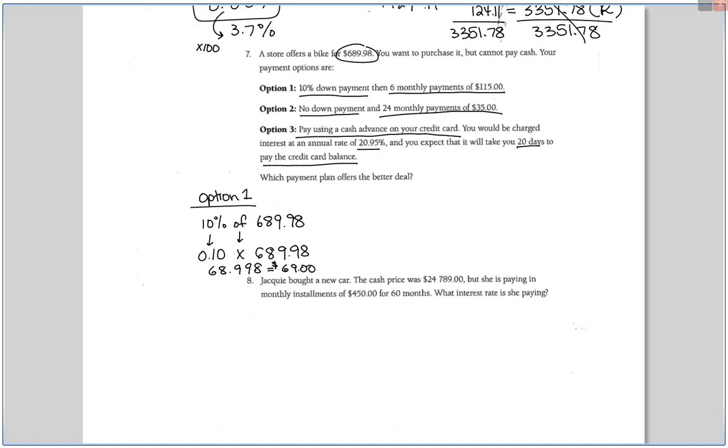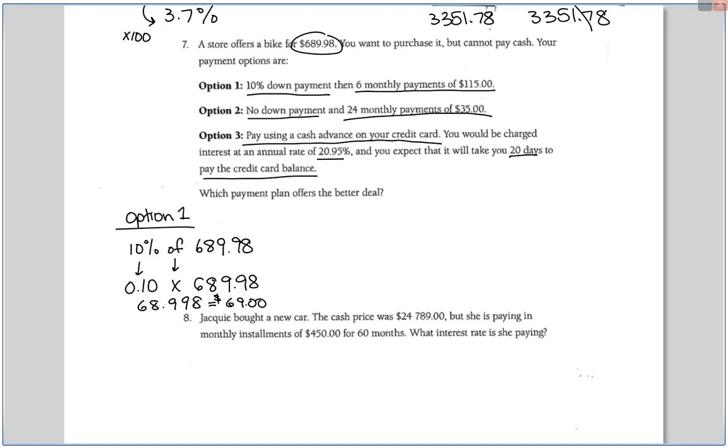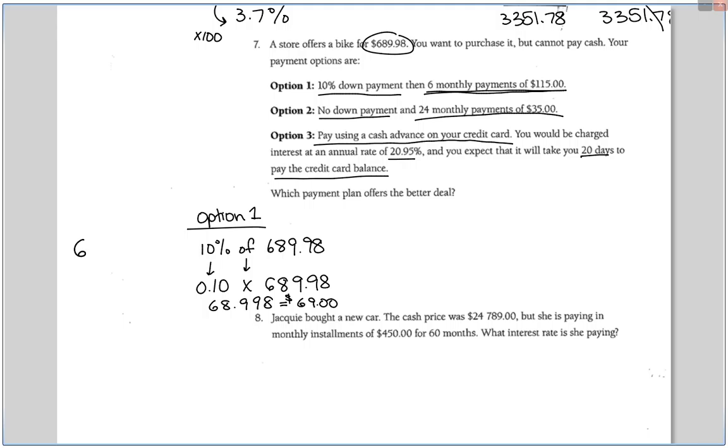All right, so then you've got to do 6 payments of 115. Okay, so then 6 times 115, 690. Okay, and then we just take those numbers and add them up. 690 and 69, 95, so 759. That's what you'd pay altogether for option 1.